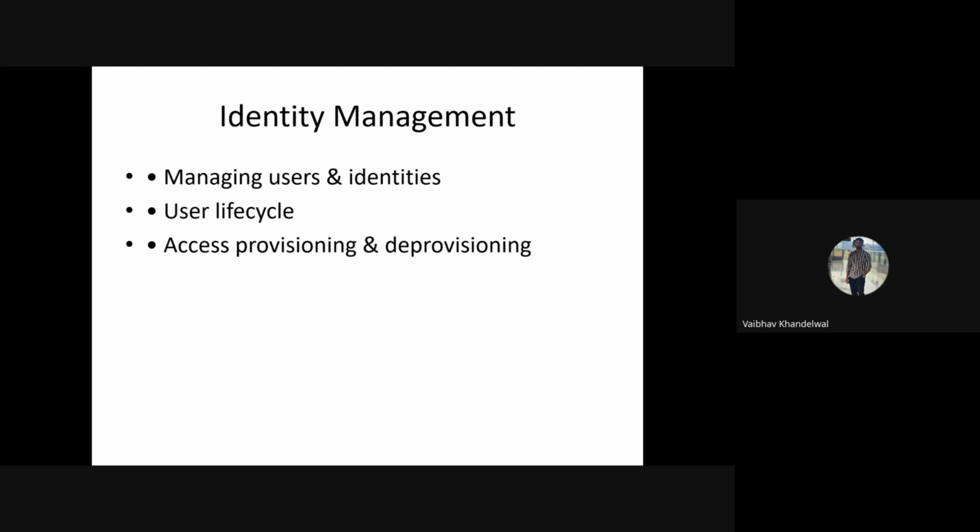It means create the user, then grant access to the user, then modify access, then remove access. These are the 4 parts that come in the user life cycle. Create the user, grant permission to the user, then modify these permissions, and then remove the access fully.